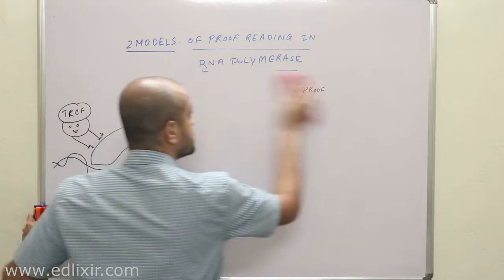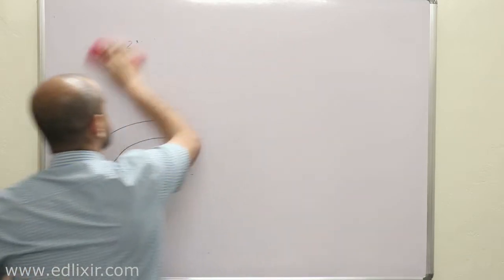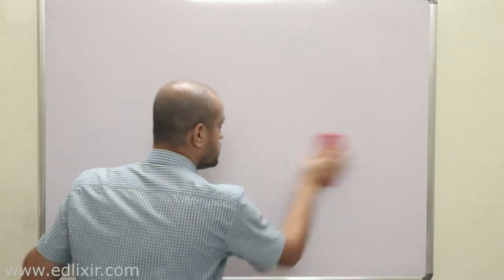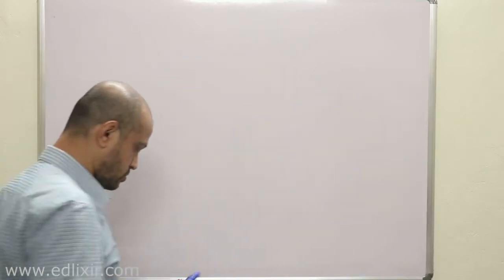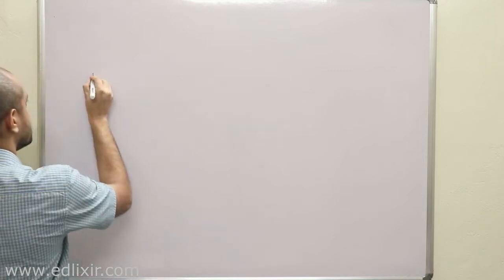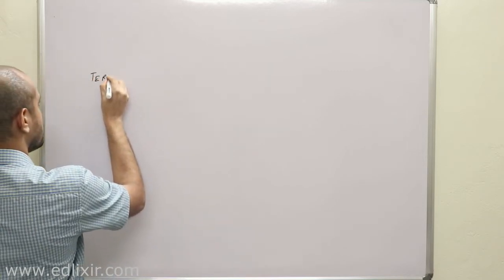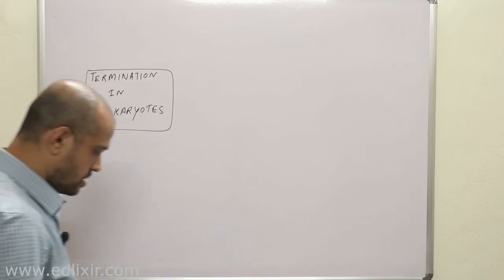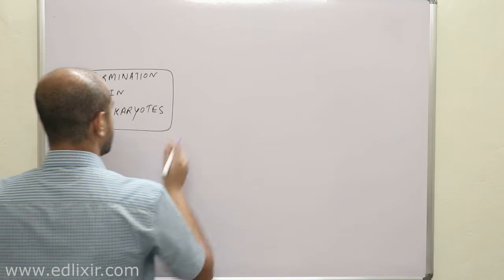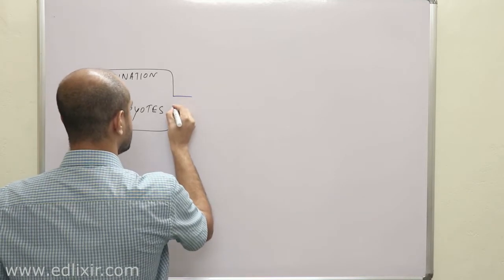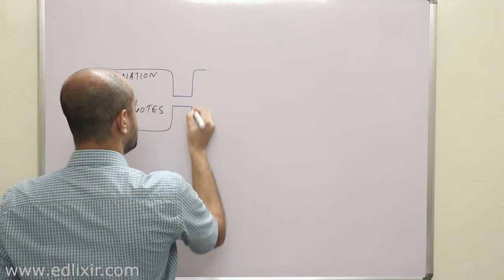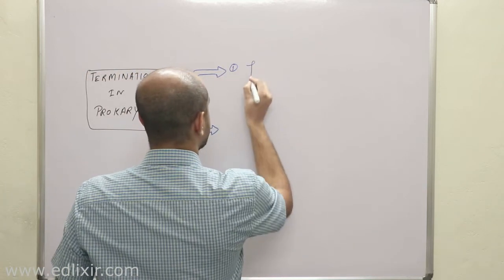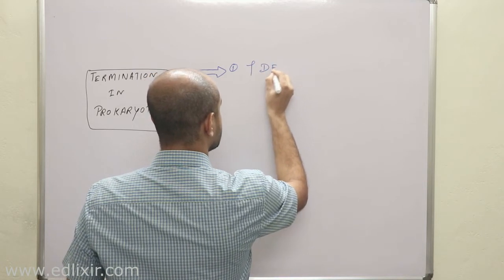Okay. Now we need to understand another thing. Now we will be talking about termination of transcription in prokaryotes. Termination in prokaryotes has two well-defined mechanisms. Number one, Rho dependent.